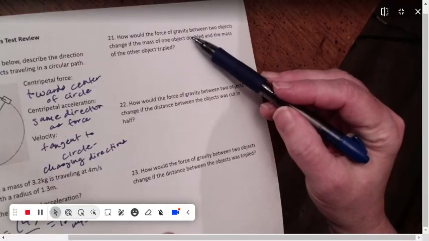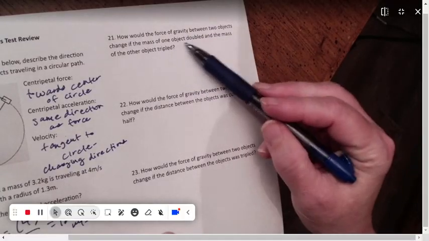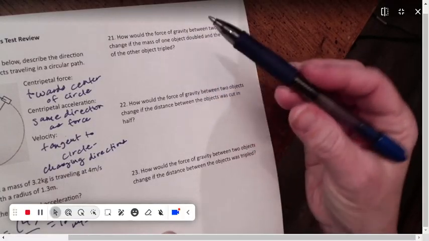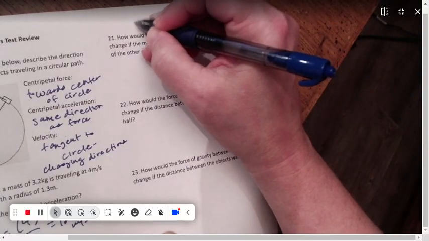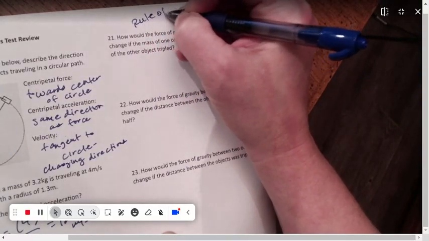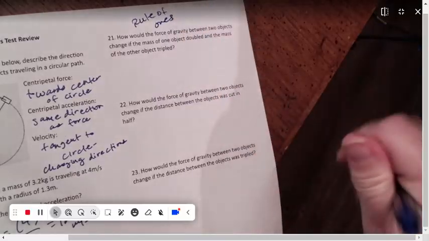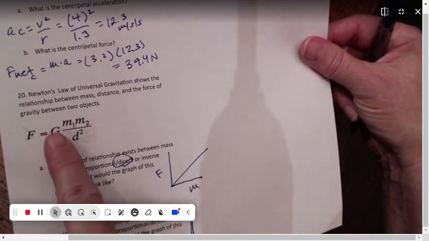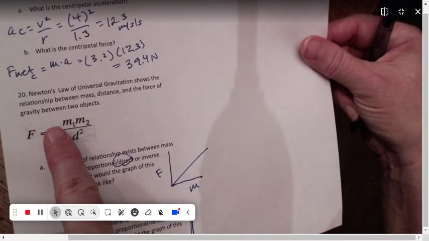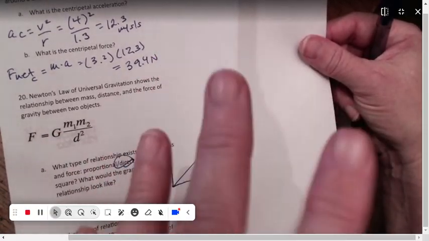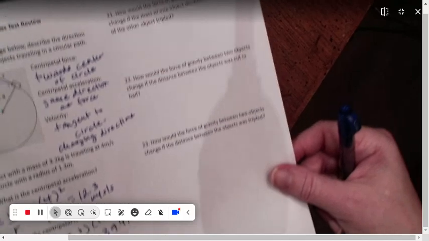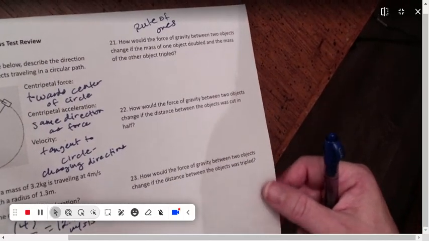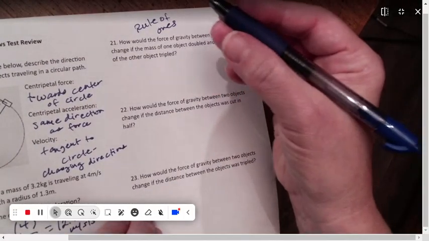How would force of gravity change if the mass of one doubled and the mass of the other tripled? So this is our rule, what we call rule of ones, where we pretend everything in this equation here is equal to 1. We don't have to worry about this G because it's a constant. And then we change whatever factors changed and see what happens to our force of gravity.